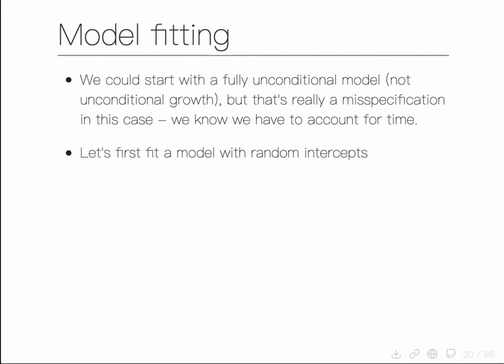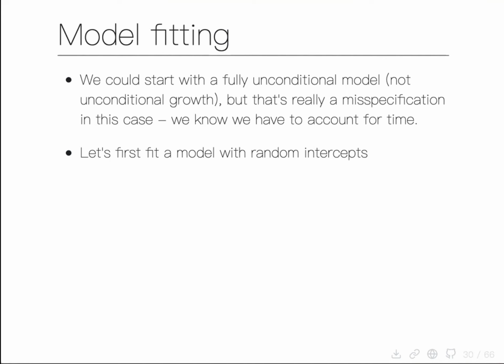We want to estimate a slope across time. So time is going to be an important predictor in this case, okay? Because we know theoretically that that's going to be a really important predictor, starting with just an unconditional model, I would argue is kind of a straw man and not really even worth doing.